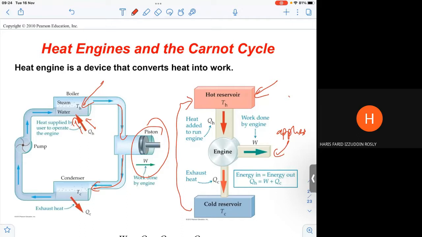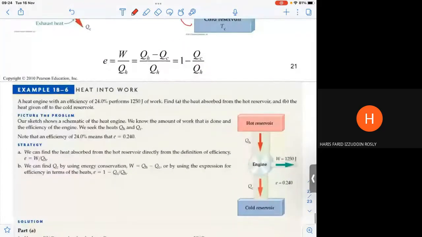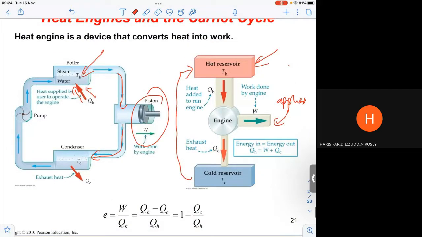Okay, the simplest things in the heat engine and the Carnot cycle. So in this particular part, when we are dealing with the hot reservoir and the cold reservoir, one thing that you should understand is how efficient it is when you get that amount of heat and apply it to the application. What is left? What's left of the energy?